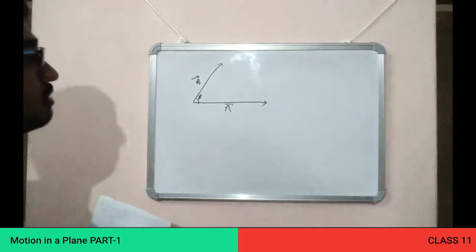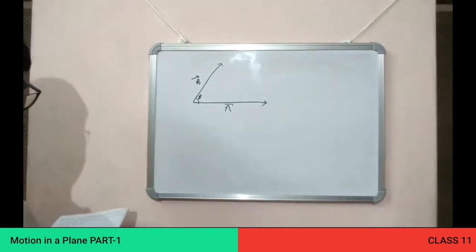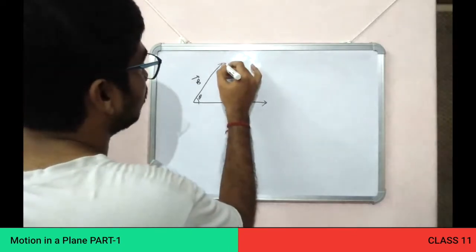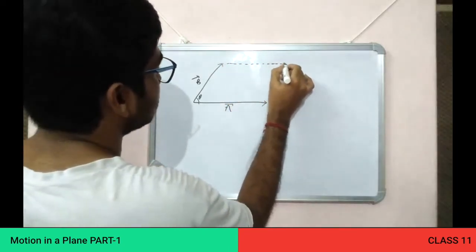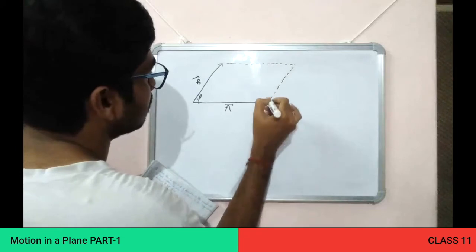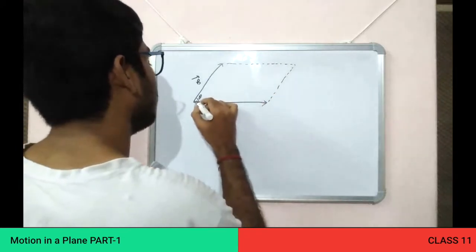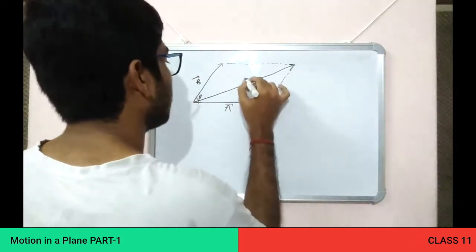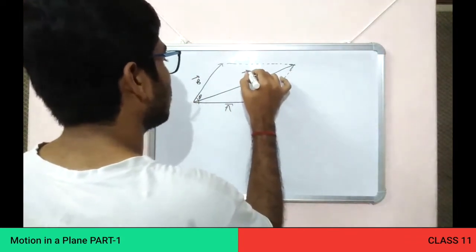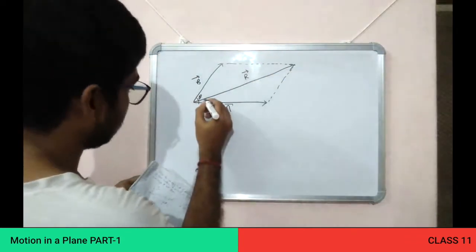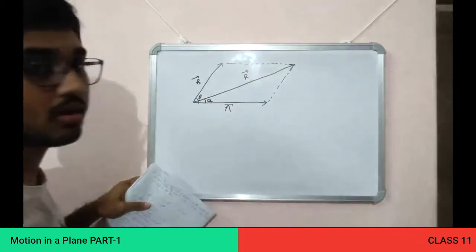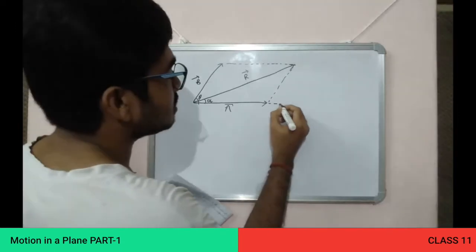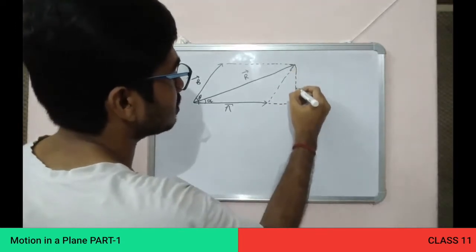So according to the parallelogram theorem, we will connect this, like I will draw a resultant vector R over here and let this angle be alpha. We extend this line to this and join this.